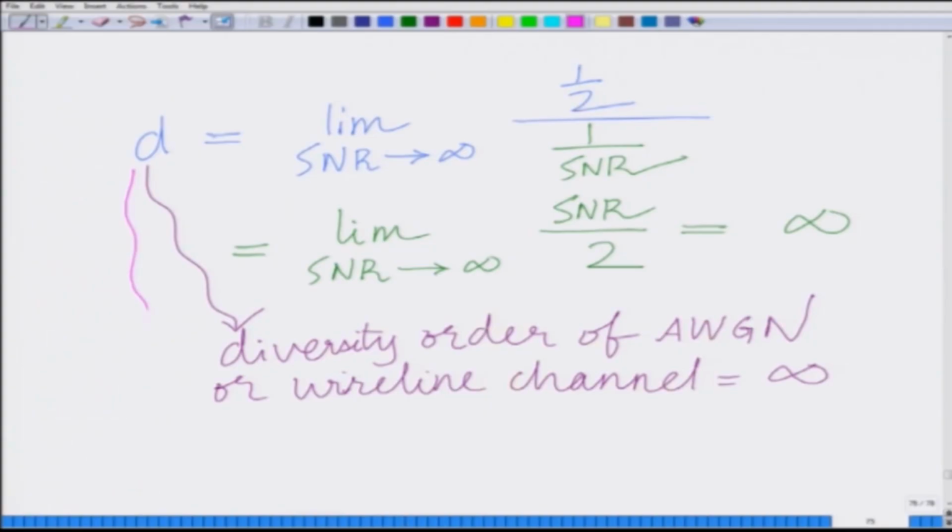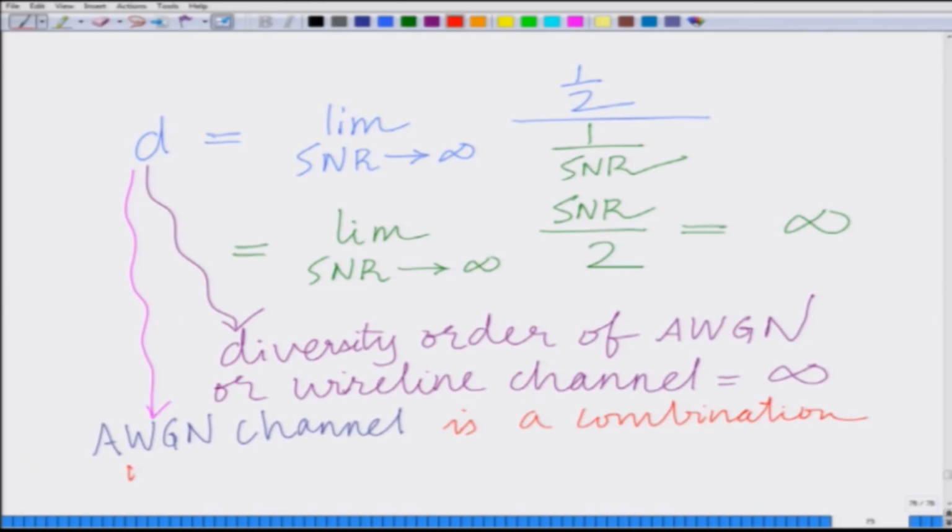So, the AWGN channel is basically a combination of infinite independently fading links.